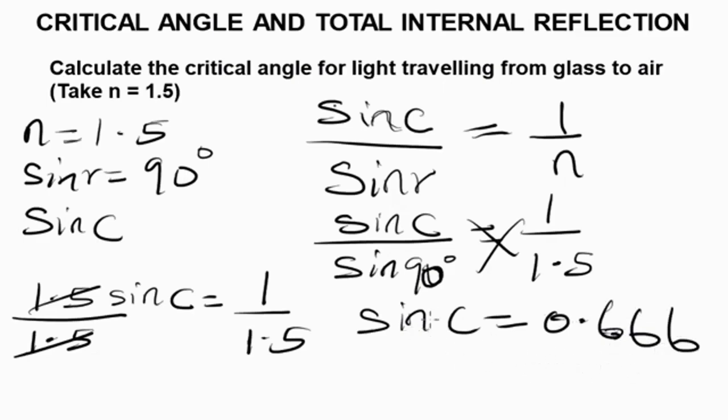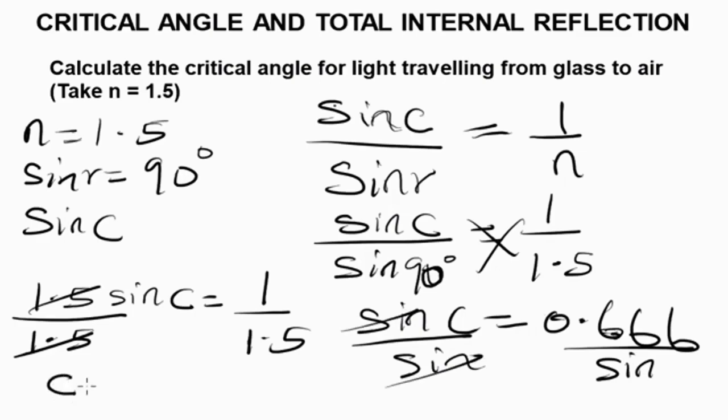Now to get the value of C, you take the sine inverse of both sides. Therefore the critical angle will be sine inverse of 0.666, which will give us, let me punch it.